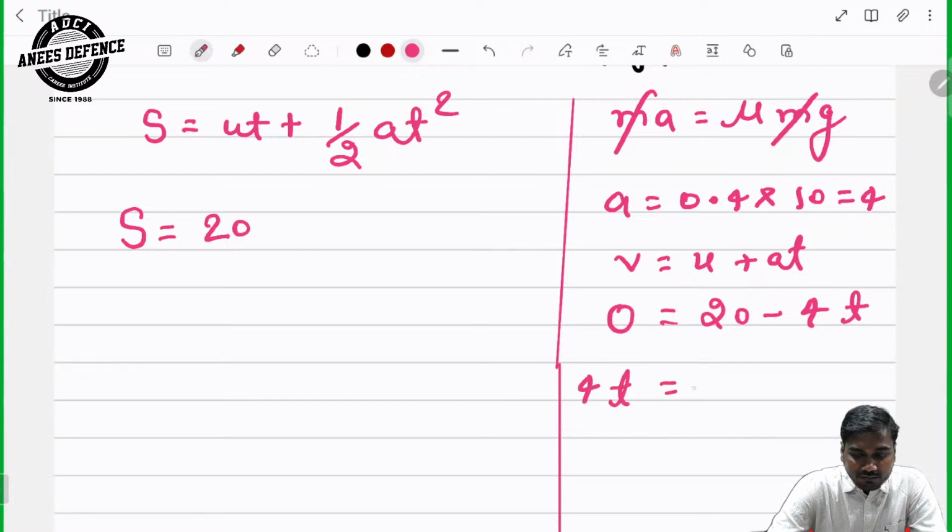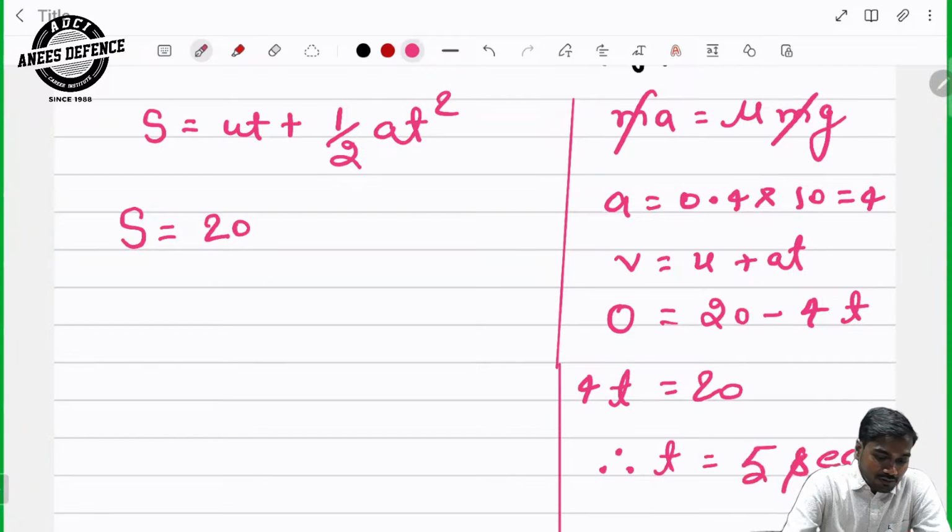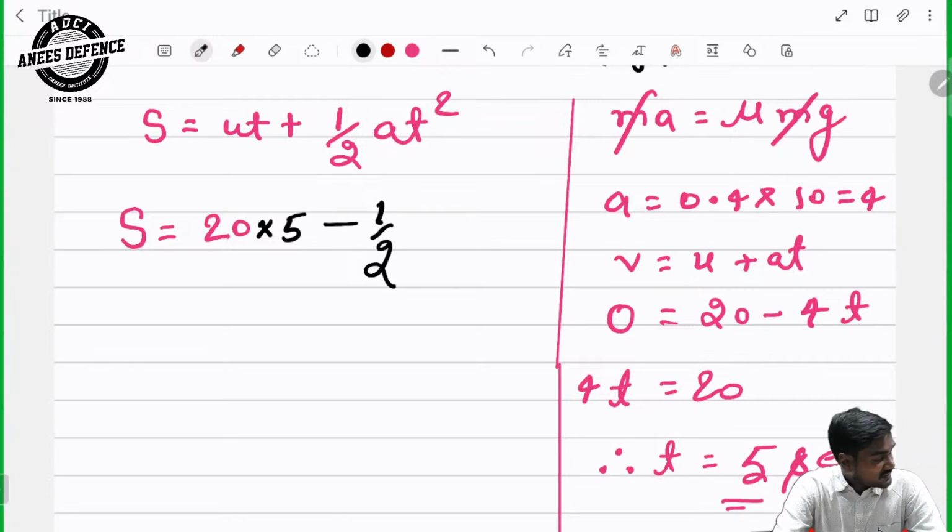4t is equal to 20. So hence t is equal to 5 seconds. Right? So now you can use s is equal to ut plus half at square. The u is how much? 20. Time is 5, minus half, because the object will come to rest.